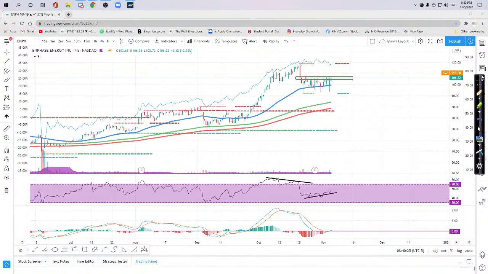So let me try to draw this out. Now, this doesn't mean that this is hocus pocus, guys. Crossing from above to going downward like this is a signal to sell.